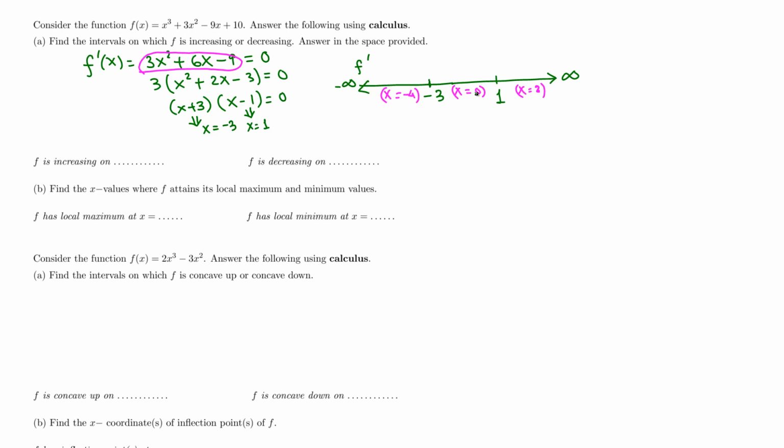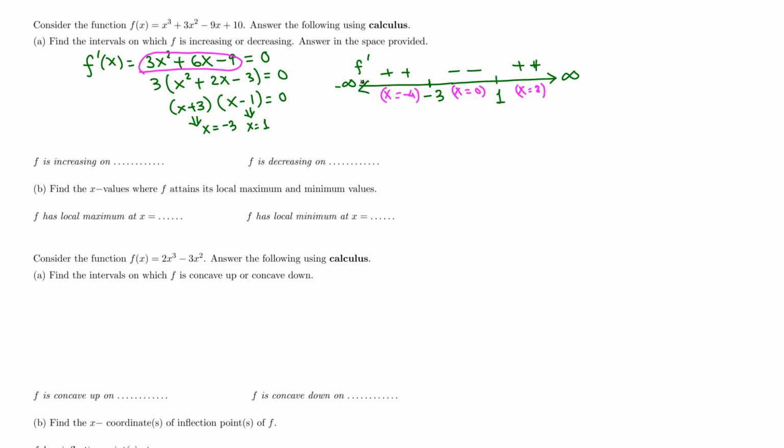Then let's plug in 0 because that's easy. If you plug in 0, we get negative, so the derivative is negative. Plug in negative 4, 3 times negative 4 squared is 48, so this will be positive. Plug in 3 or 2, doesn't matter, 2, and here we get positive.